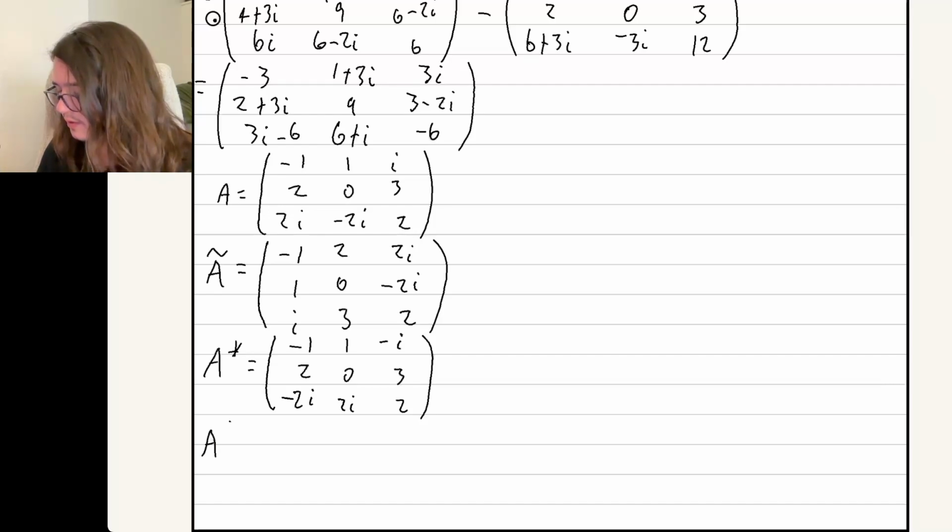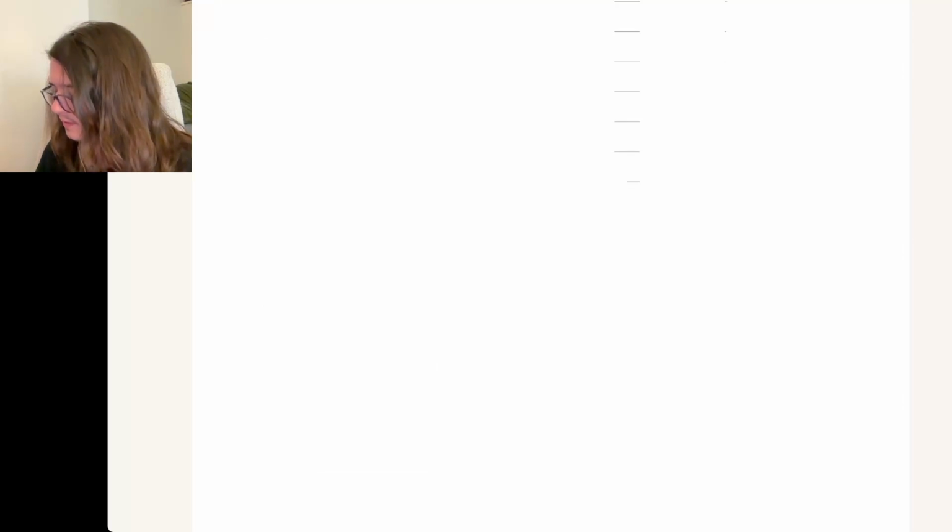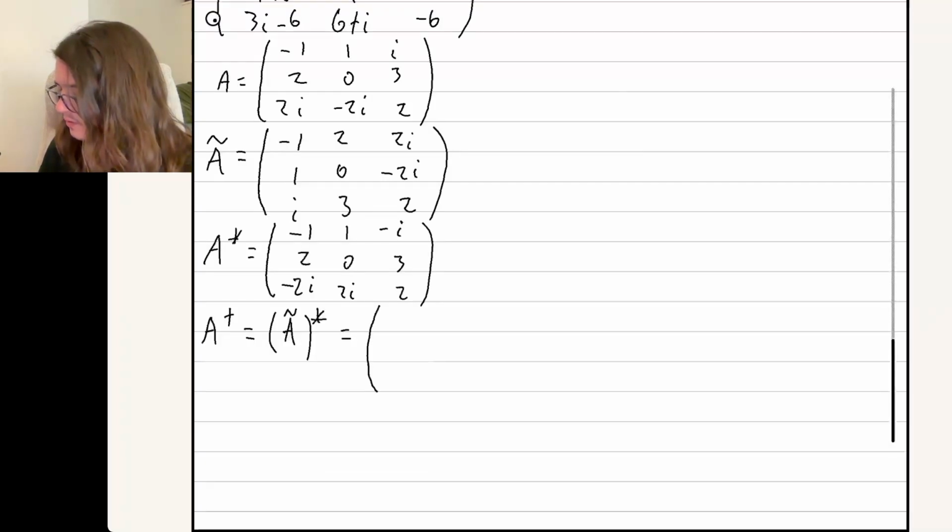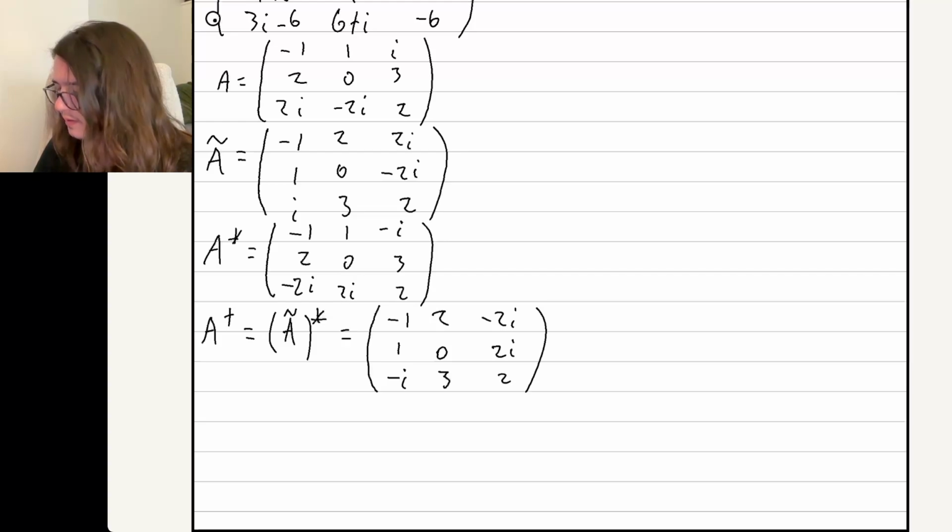The Hermitian conjugate, or A dagger, is just the complex conjugate of the transpose, or vice versa. So we just take our transpose matrix, which we just calculated, and do the complex conjugate of it. So minus 1, 1, minus i, 2, 0, 3, minus 2i, 2i, 2. Awesome.